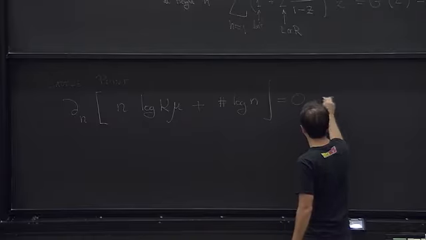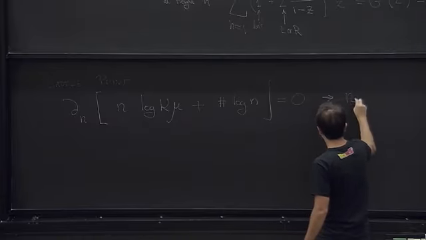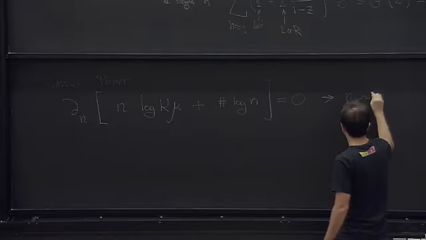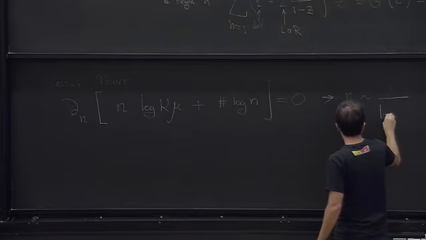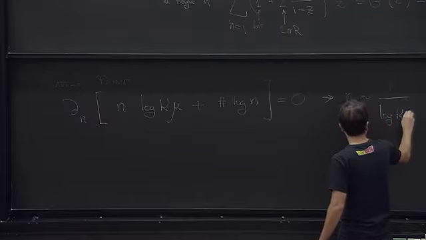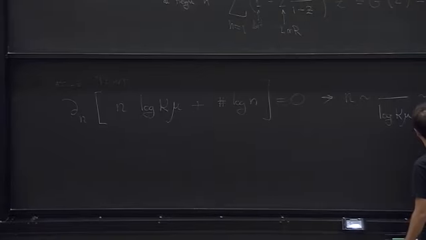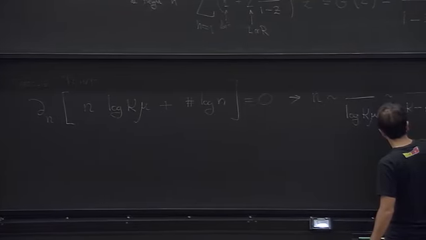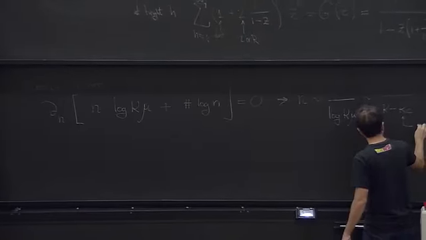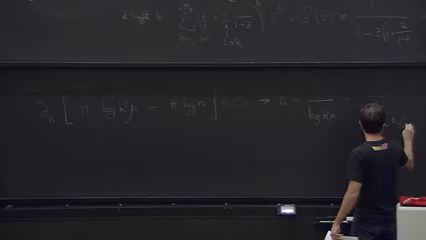And that implies that n is proportional to 1 over log of k mu, which behaves as 1 over k minus k critical, where k critical is 1 over mu.